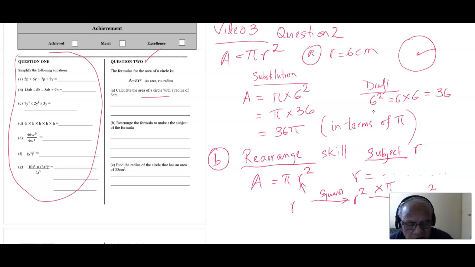Now, if we travel back, we call it backtracking. We got to divide area by pi. So we got to divide area by pi. Let me write it down. And my question is, to reverse the process, what do I have to do?